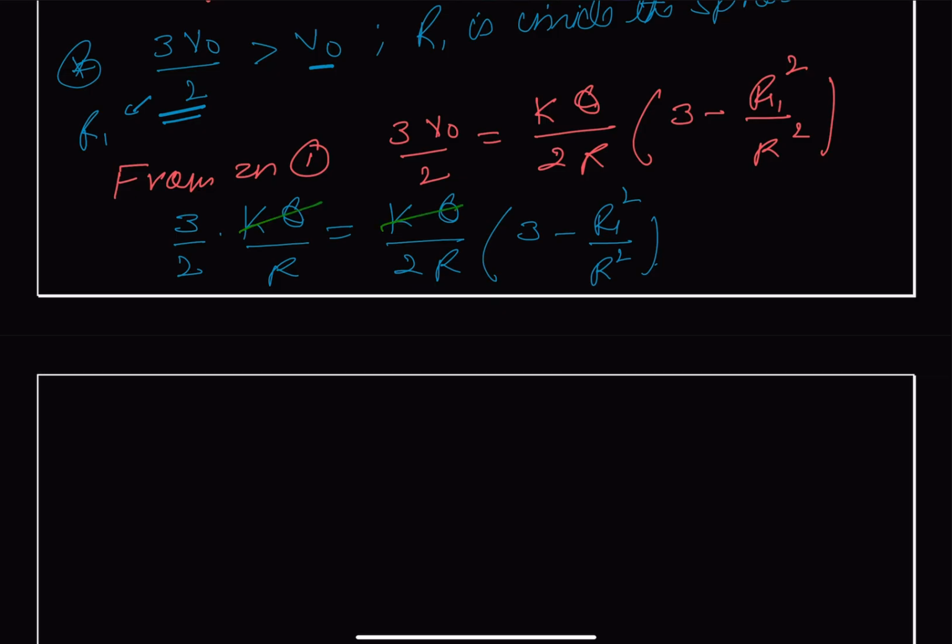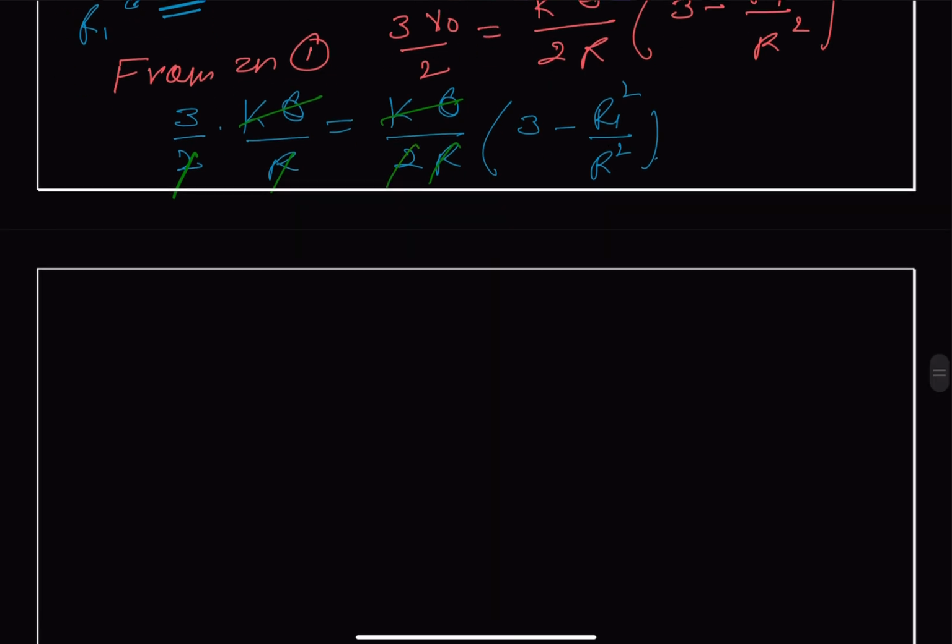K, Q, R and 2 cancel out, and this gives us that 3 is equal to 3 minus R1 square upon R square. So 3 and 3 also cancel out. So we get that R1 is equal to 0. Because R cannot be equal to 0, so we get R1 is equal to 0.